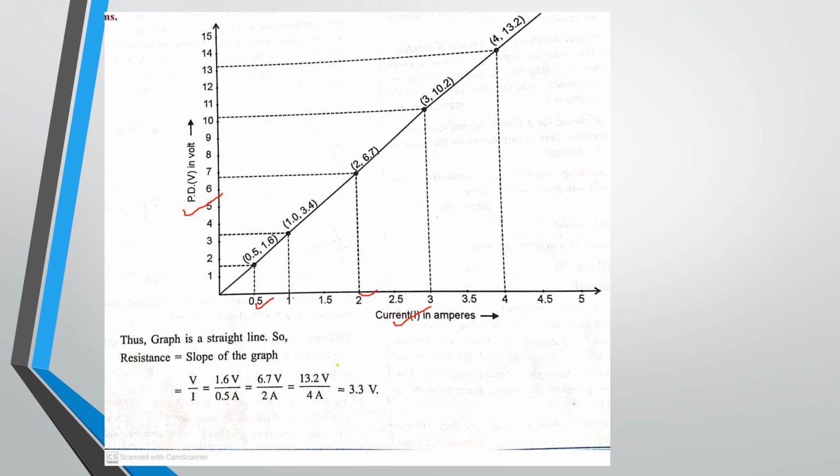Here, if I take this point to this point, this one is I1, and this is I2. For these points, I am going to consider V1 and V2. Now R is equal to the slope, which says V2 minus V1 divided by I2 minus I1.